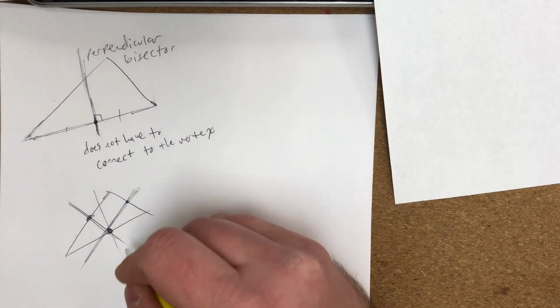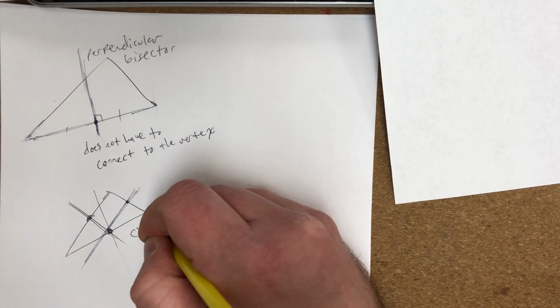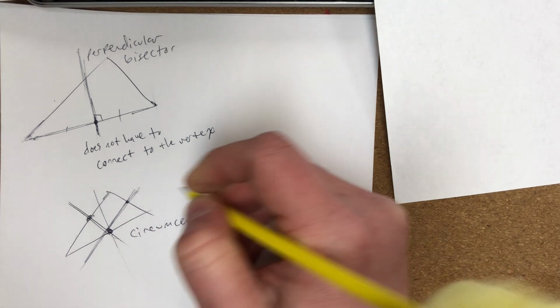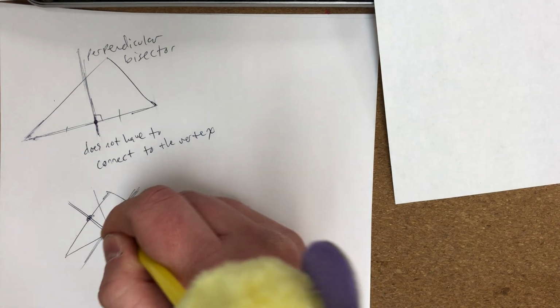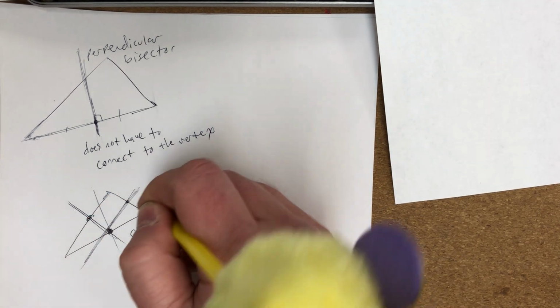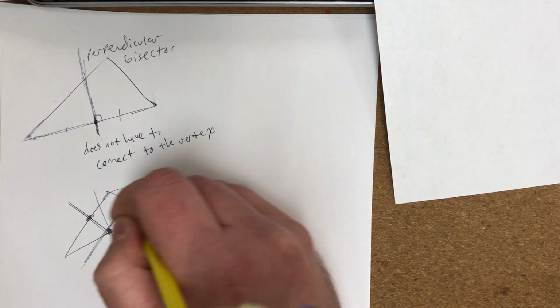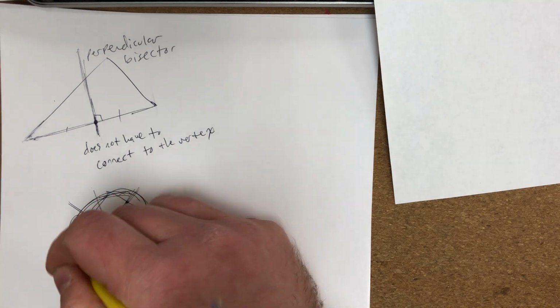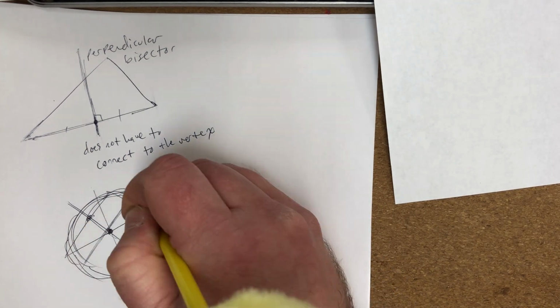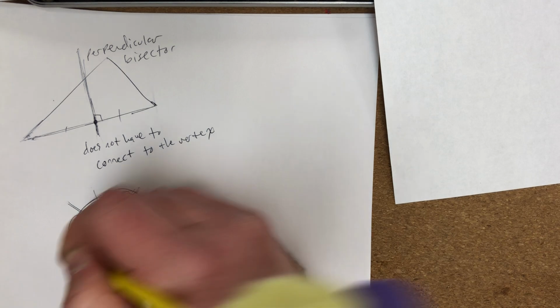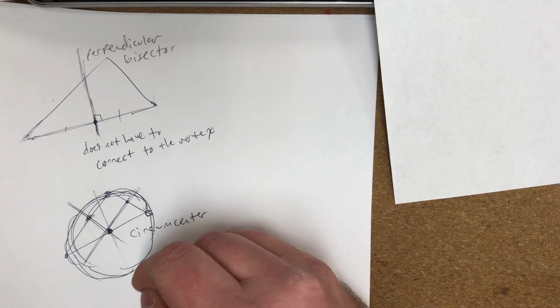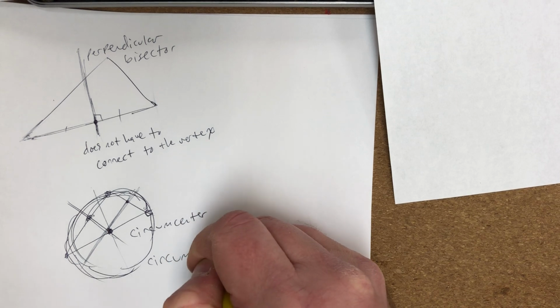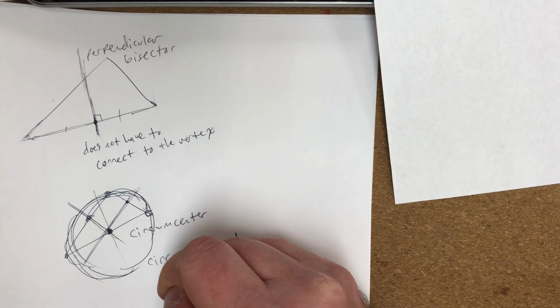But this is called the circumcenter. And what we can do with a circumcenter is we can draw, if we take our compass and open it up and we draw a circle, it's a circle that actually touches all three vertices of the triangle. So this is called a circumscribed circle.